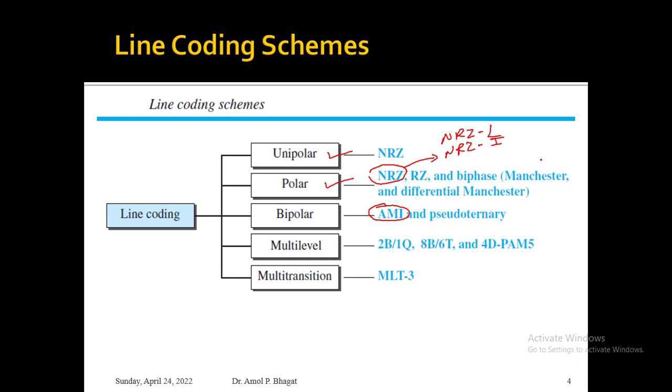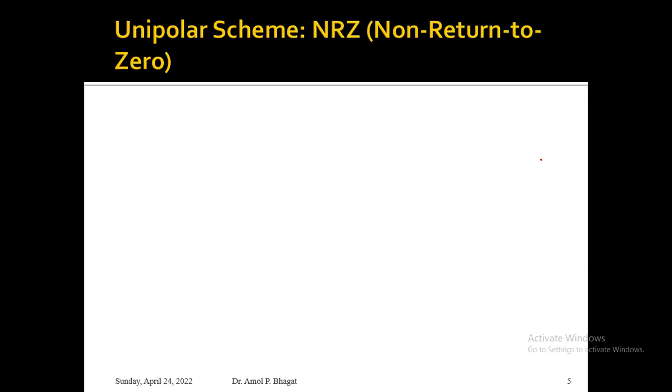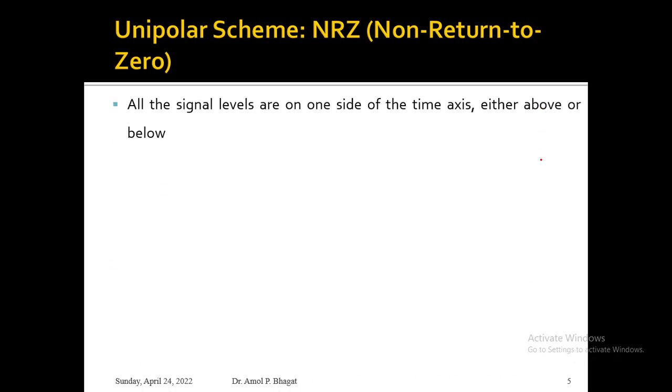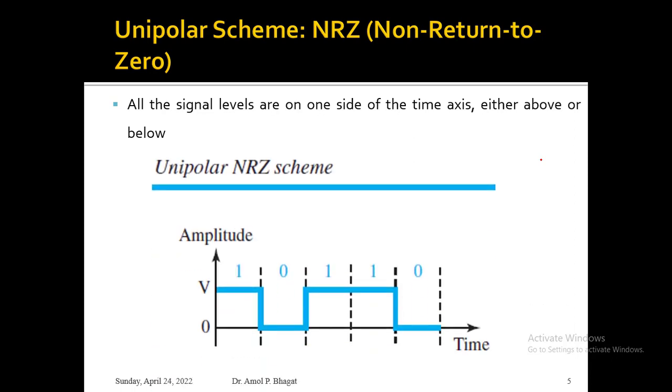Right. So let's see how digital data is represented using a digital signal in the unipolar NRZ, non-return to zero, scheme. Okay. So in case of the NRZ scheme, all the signal levels are only on one side of the time axis. Signals are represented above the time axis or below the time axis.